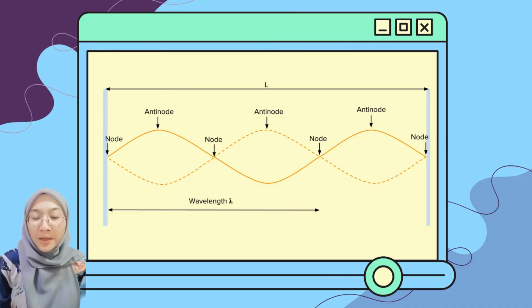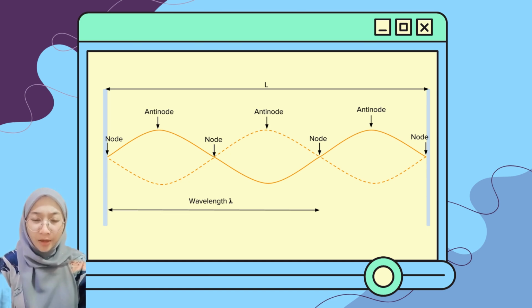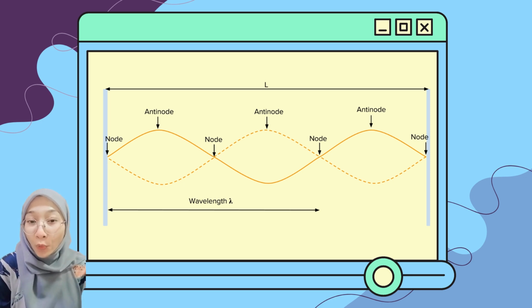Next, I will be explaining how standing waves work. Here we have an image. This image illustrates the formation of a standing wave in a medium, such as a string fixed at both ends. How does a standing wave work? First, superposition of waves.